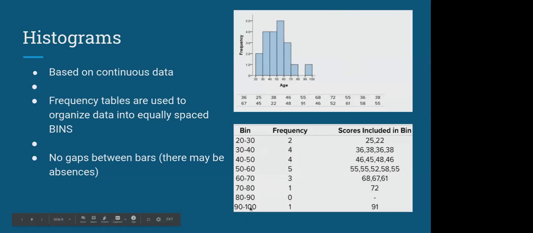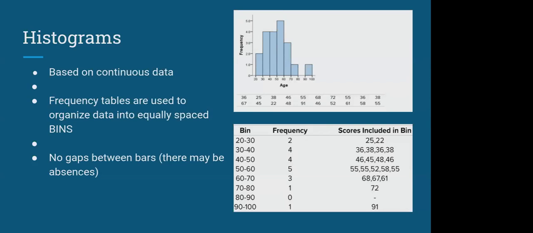This last group, you count from 90 to 99. So they've organized the data given here into bins or groups so that we can graph the data.